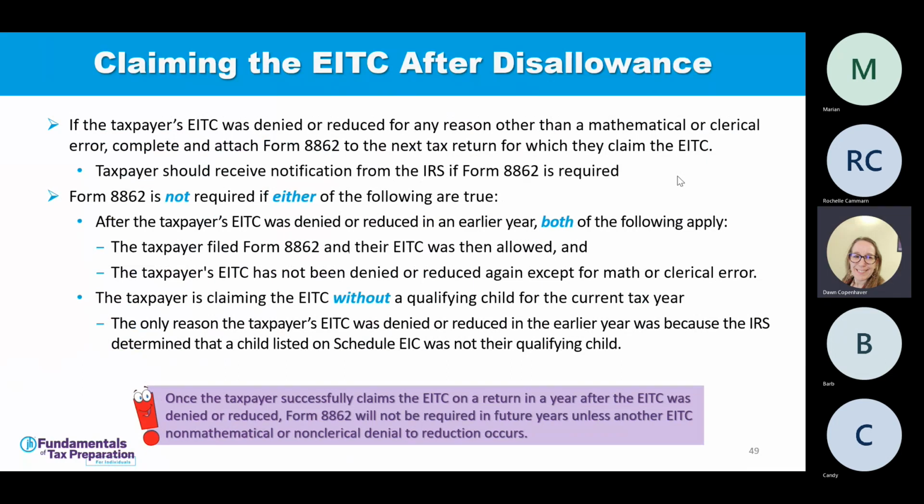We'll go over that here in a second. But if they want to claim it in the next tax year and they had a qualifying child, and if it was because of a math error, like they just forgot to claim some income or they did something that was minor, then they have to fill out the form 8862 and file it with their tax return in order to claim that earned income credit.